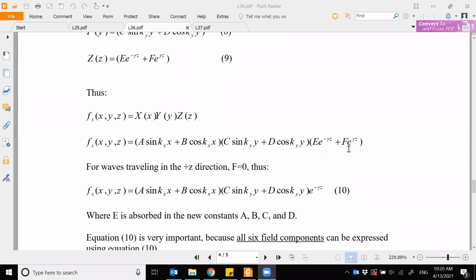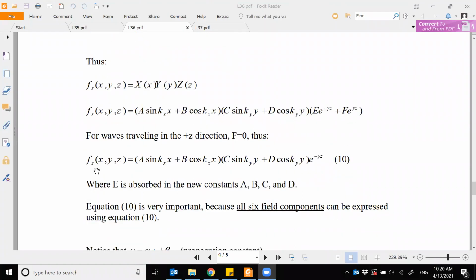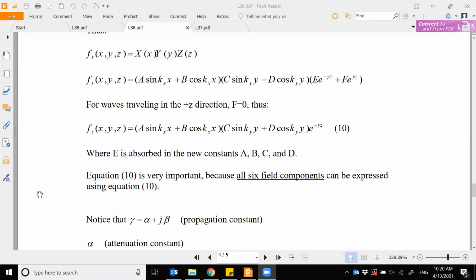So therefore, automatically my F is 0, because this is the positive traveling wave. So I have my generalized Fs as this one. Here, if you see, we have so many constants. You also have a constant E, but I'm just absorbing that constant in A, B, C, D. So in general, we now have 4 constants.